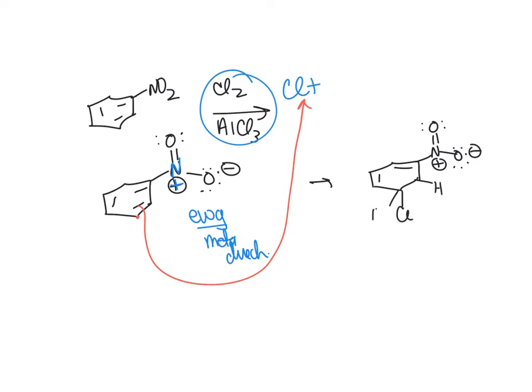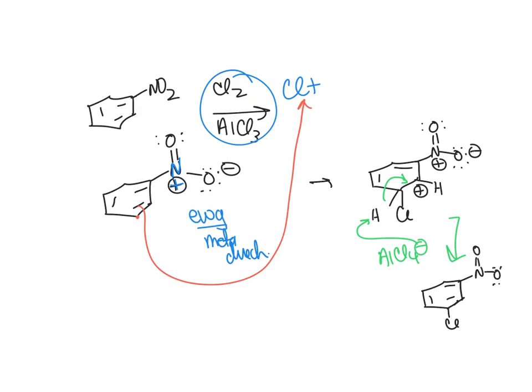So you put chlorine here. And so there's your sigma complex. And then you can show rearomatization, where this comes here and takes that. And now you have your chlorinated meta nitro compound.